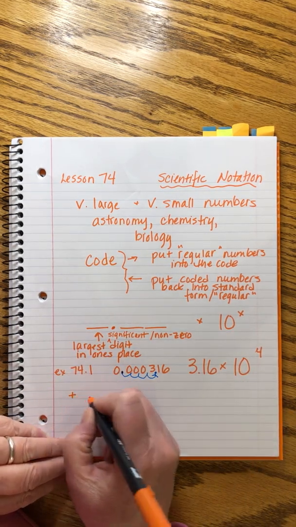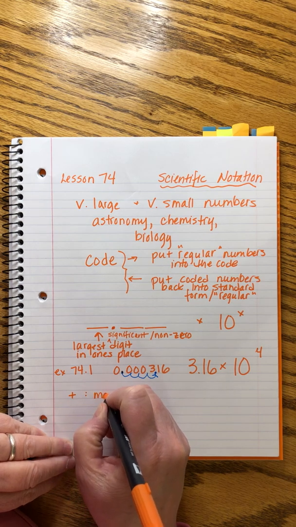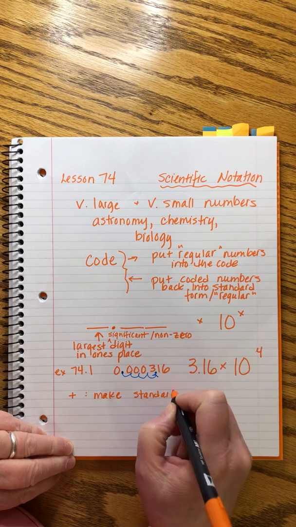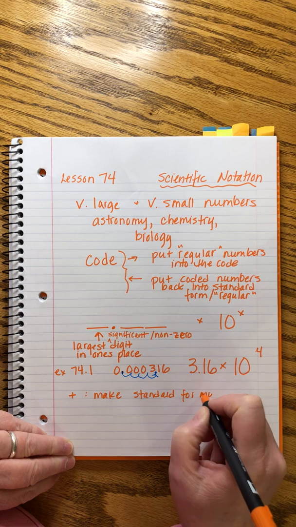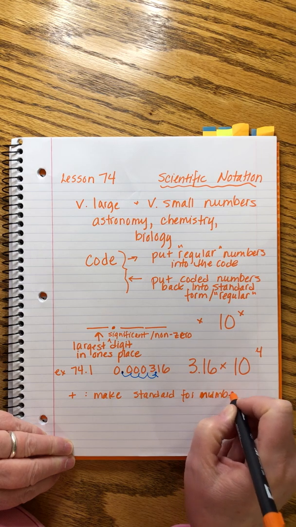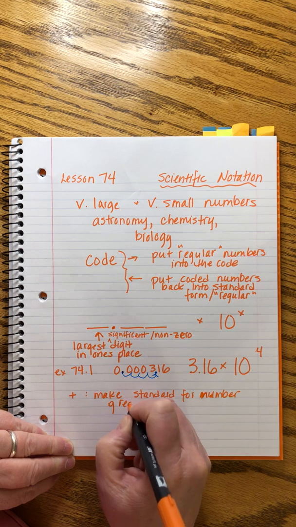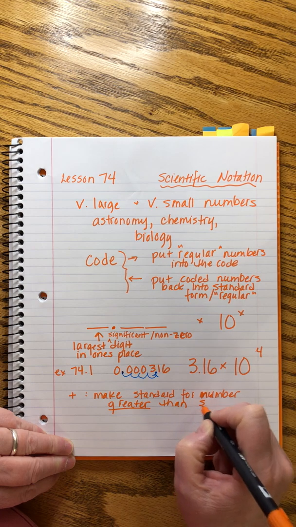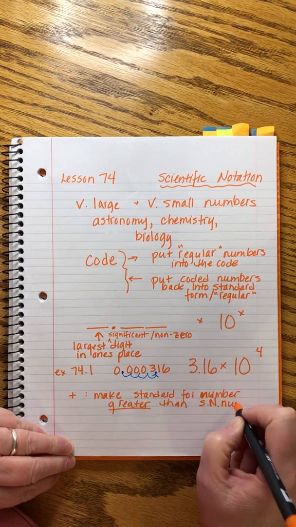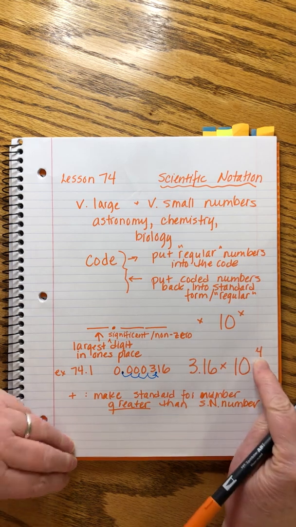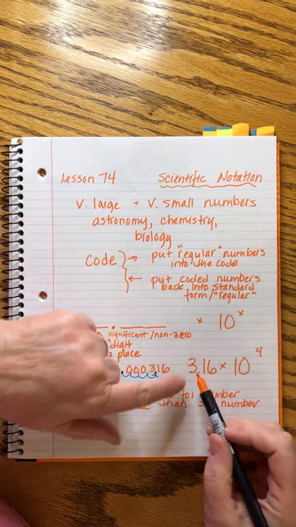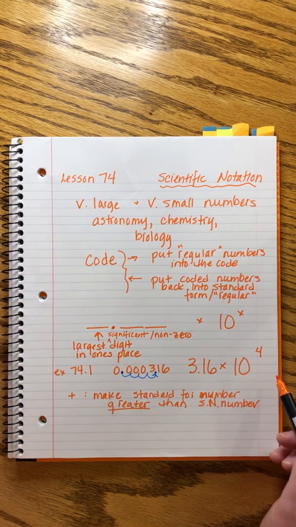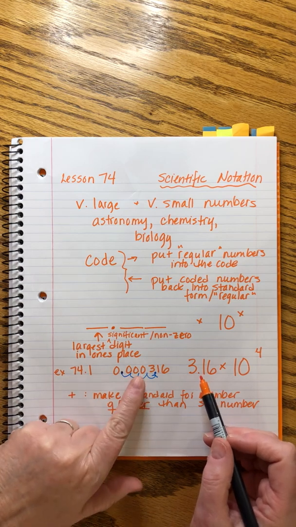So if we have a positive here, that means make the standard form number greater than the scientific notation number. So if we leave this as a positive 4, that's telling us move it 4 jumps, but make this number greater. And so we would move it that way, 4 jumps. That's not what we want. We want to make this number smaller when we turn it back.